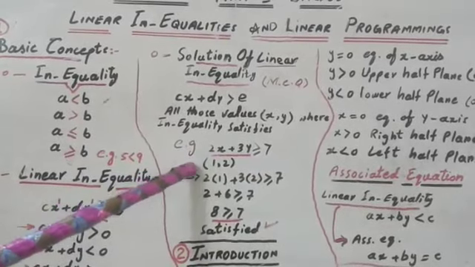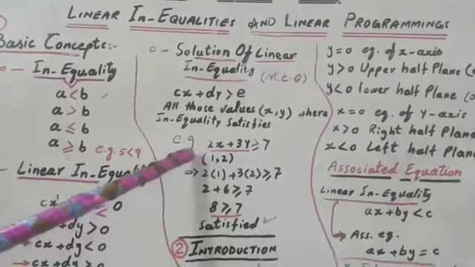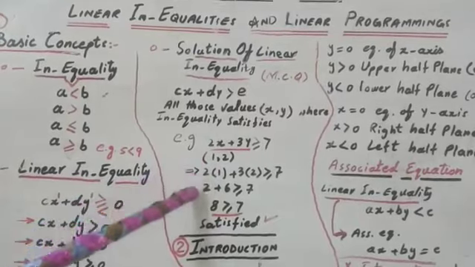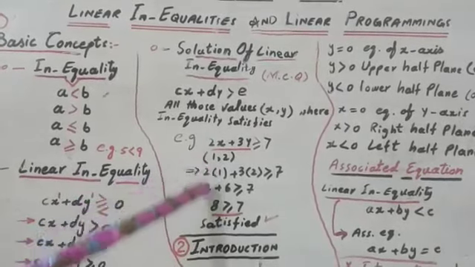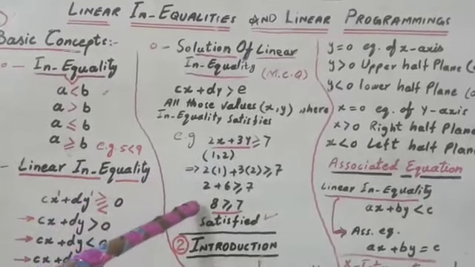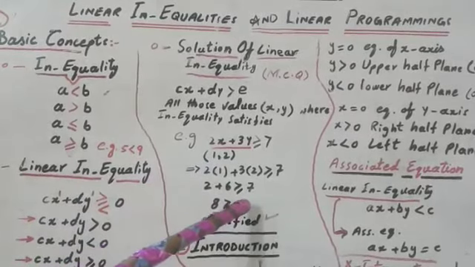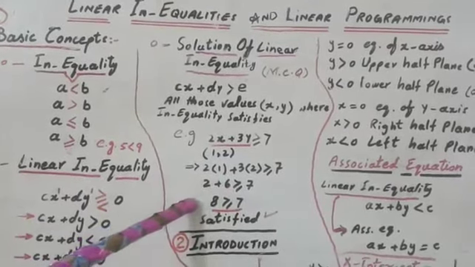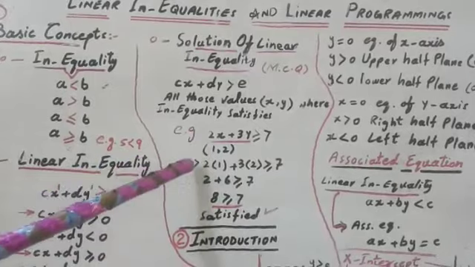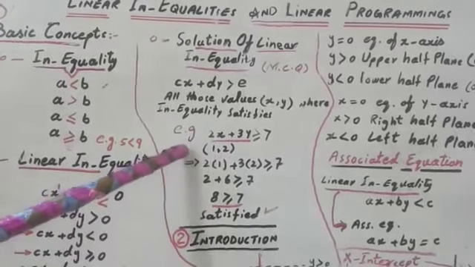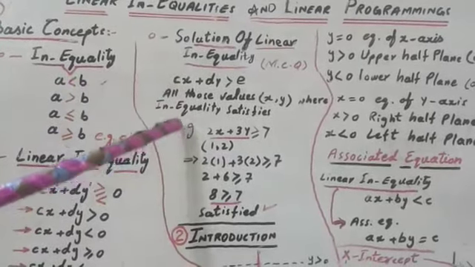Consider I have taken two values. Value of x is 1 and value of y is 2. When I put the values of x and y in this expression, our left hand side value is 8, that is greater than 7. So this value satisfies this expression. So these two values 1 and 2 are known as the solution of this linear inequality.